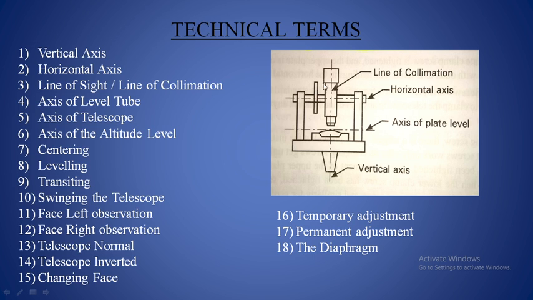That set of observations is called face right observation, which means you have to move the telescope backside, plunging the telescope and swinging the telescope 180 degrees, to observe face right observations.